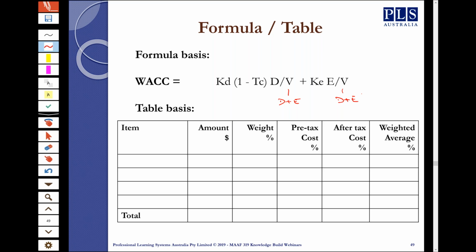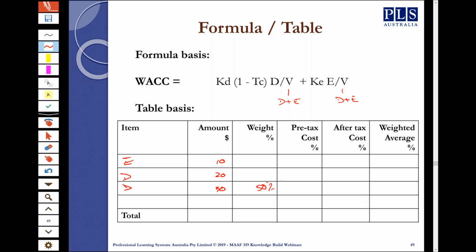The other way, now that's very good if you've got 1 item of equity and 1 item of debt. If you've got multiple, so if you've got 1 item of equity and 2 items of debt, for instance, you might move more to this process where you would then do a weighting type logic. So if I've got, let's say, an amount of 10, 20, and 30, then the weight for the second debt is 50%.